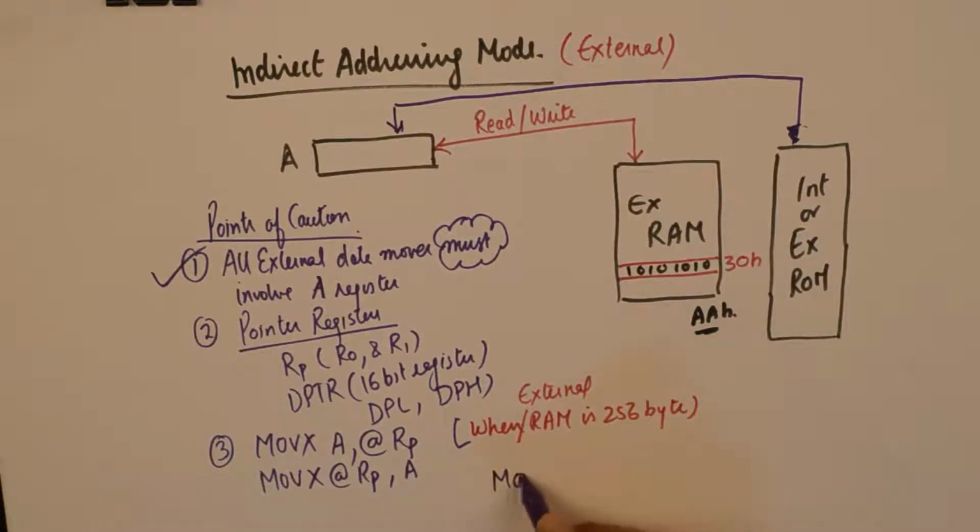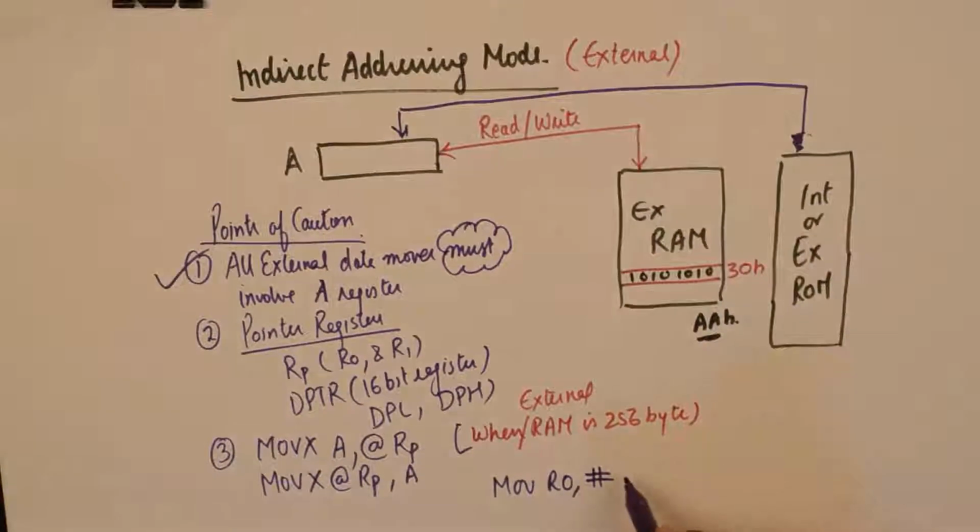then the code would be simply: I'm going to move into R0 the address where I want to send the data.